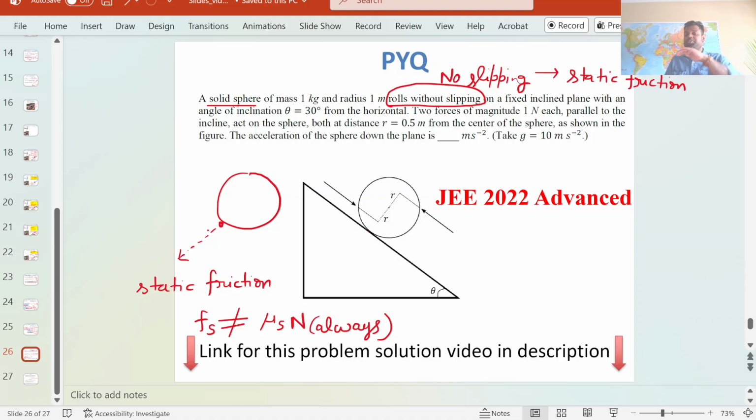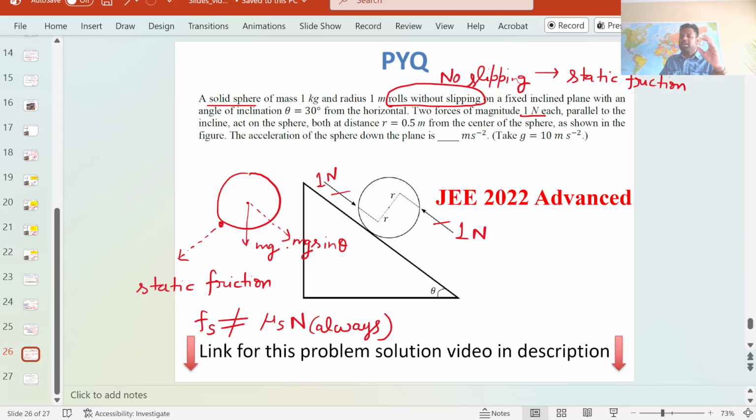But now the question is, would it be up the slope or down the slope? So start with no friction. At this point you have mg, and that mg has a component this way, that is mg sine theta. And this force here, that is 1 Newton each, so this is 1 Newton and this is 1 Newton, so these two forces cancel out.